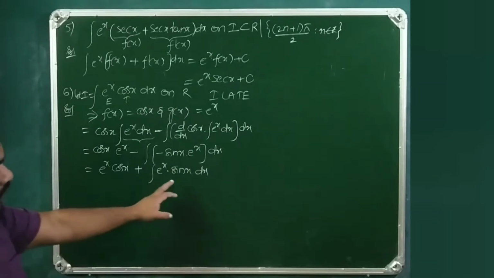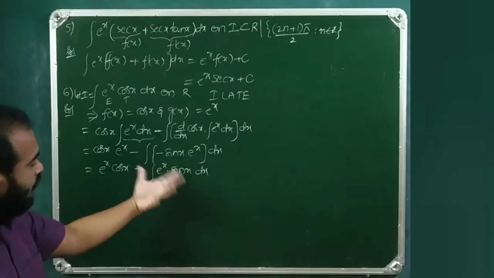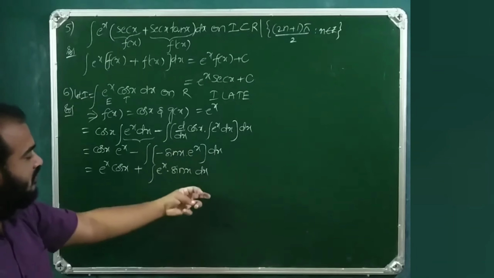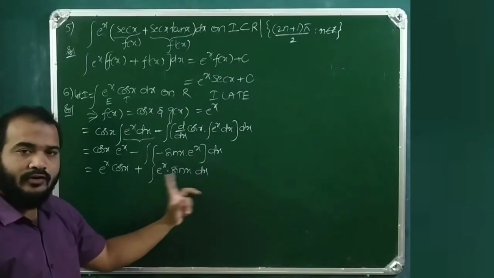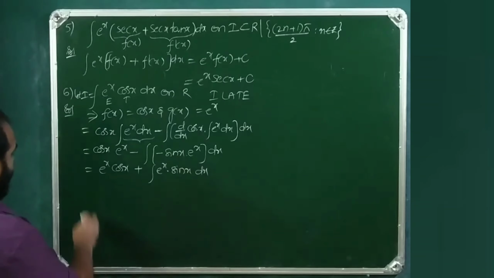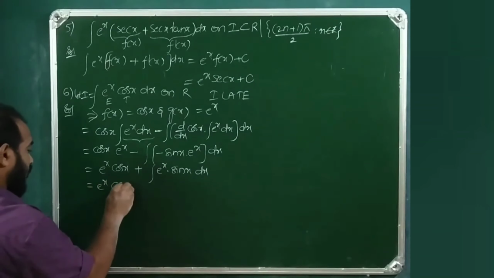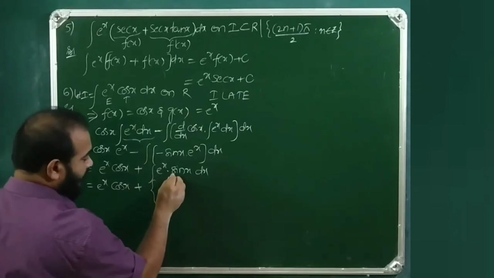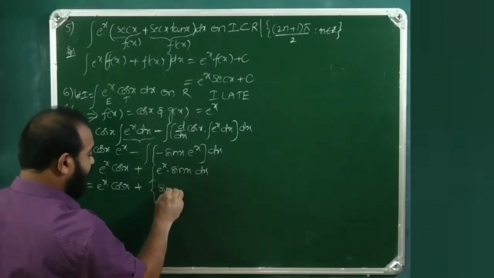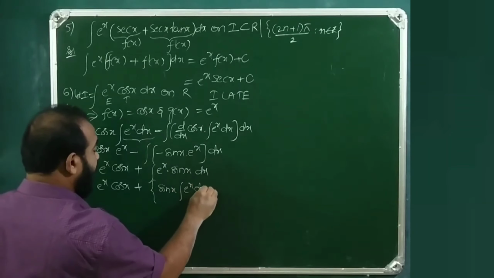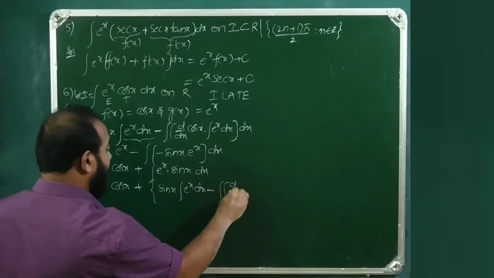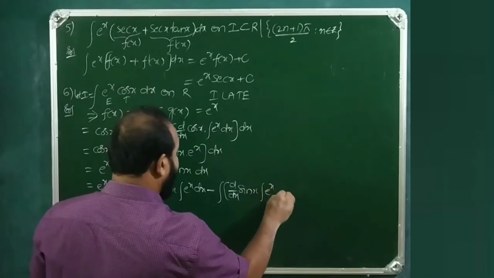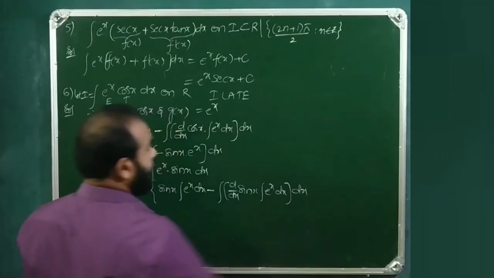So again we got the product of two functions. Whatever process we have done so far, the same process is to be continued again because of the product of two functions. So this is equal to e power x into cos x plus, here the first function is sin x. So first function into integral of second function dx minus integral of d by dx of first function into integral of second function dx whole dx.